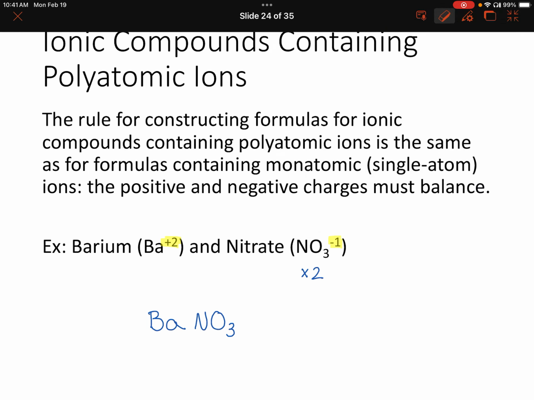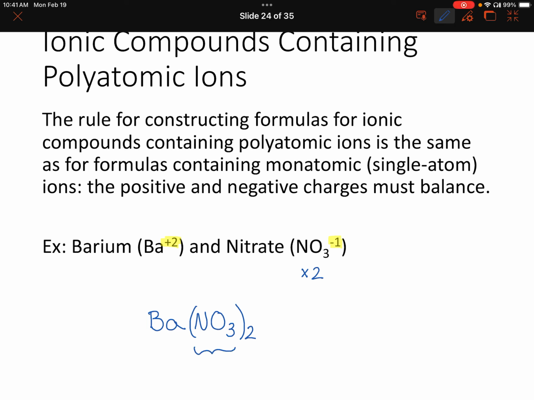Well, what we can do is put parentheses around NO3, which is the polyatomic ion, and then we'll put a subscript 2 outside of the parentheses to show that we have 2 of those NO3 ions.